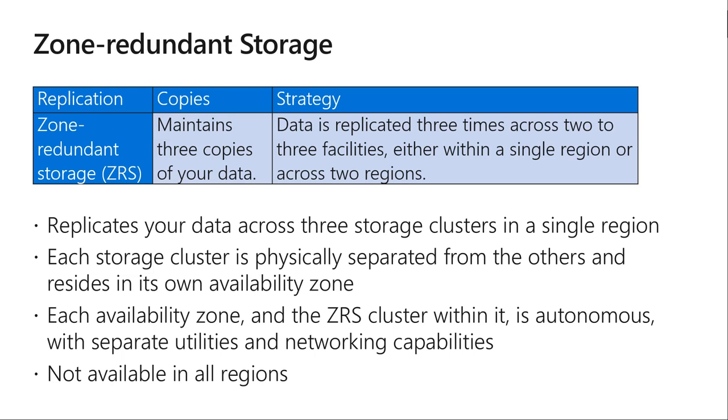So what happens when a zone becomes unavailable, right? Your data is still accessible for both read and write operations, even if a zone becomes unavailable. Microsoft recommends you continue to follow the practice for transient fault handling. This practice includes implementing retry policies with exponential backoff when the zone is unavailable.